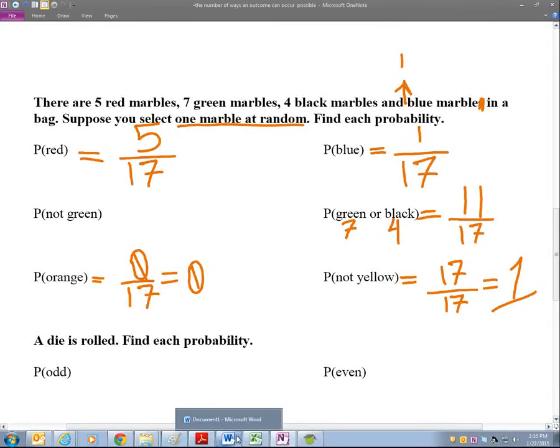So the main thing is make sure that you are changing this to 1 blue marble. Yep, it's exactly like this.